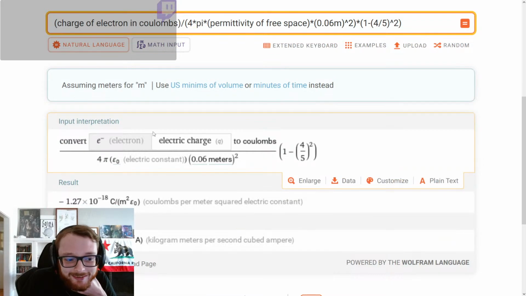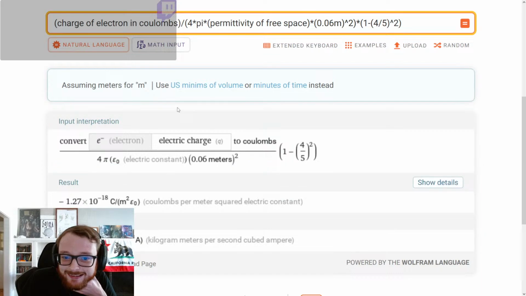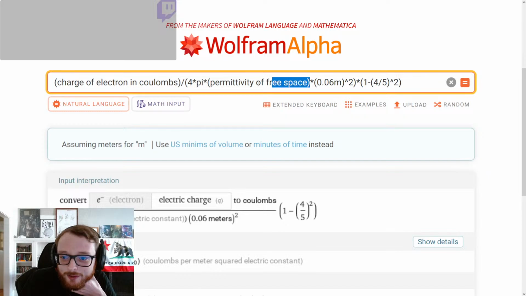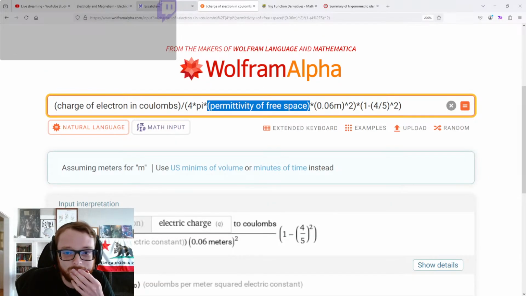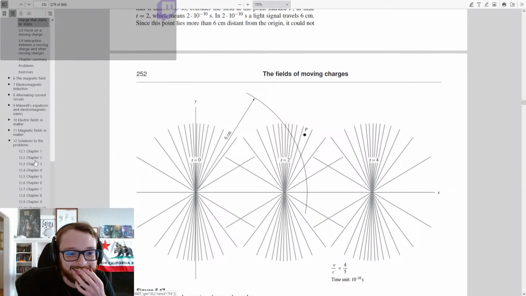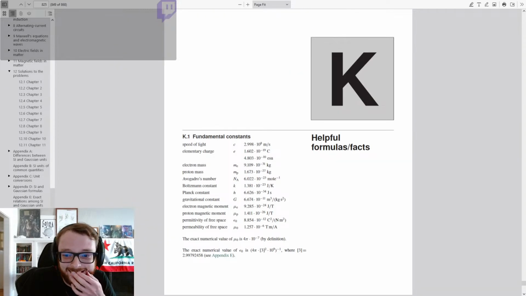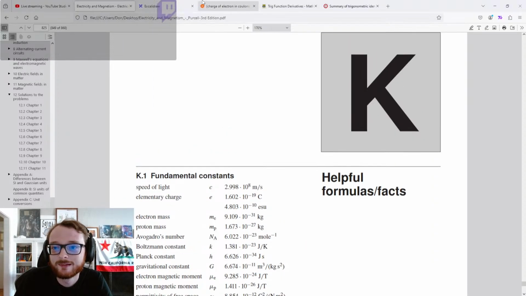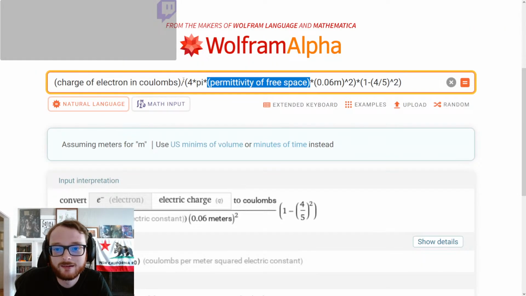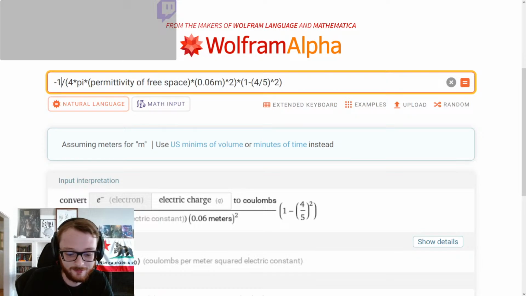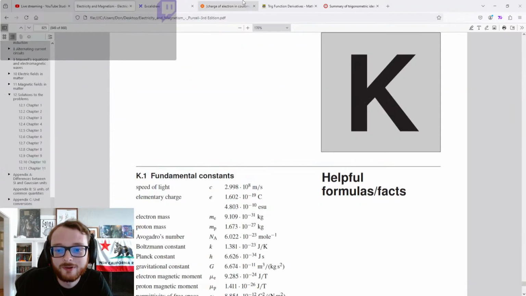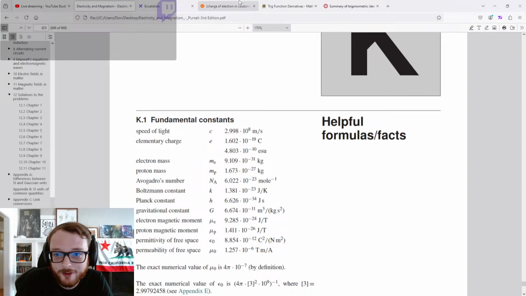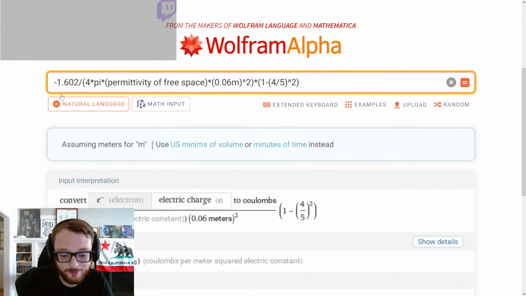This doesn't feel right. Okay, I'm blaming Dr. Cook. Let me get the actual constant. 1/4 pi epsilon is... Where's that constant? I think I have it all in Appendix K. The electron charge is 1.602 times 10 to the minus 19.